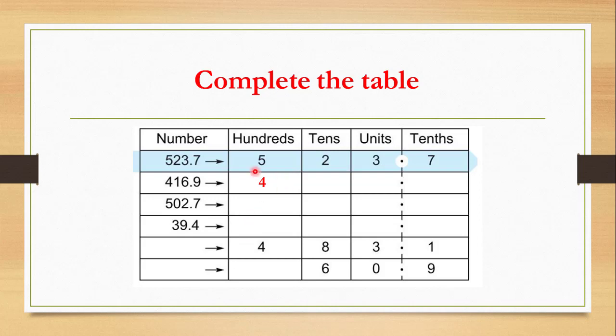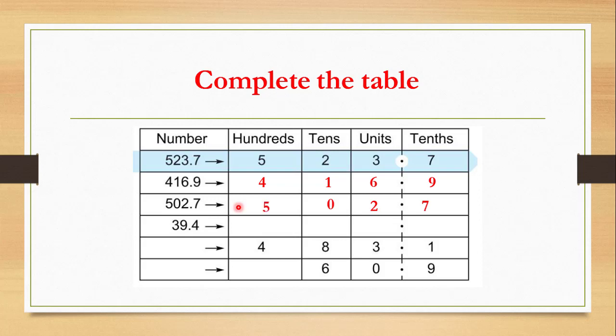Okay, complete the table. We will start from tenth. Okay, so here I write 9. In units we have 6, and in tenths we have 1. Don't write zeros here because we have the name of the place up here. Okay, by the same way we have 7, yes, units 2, tenths 0, and hundredths 5.